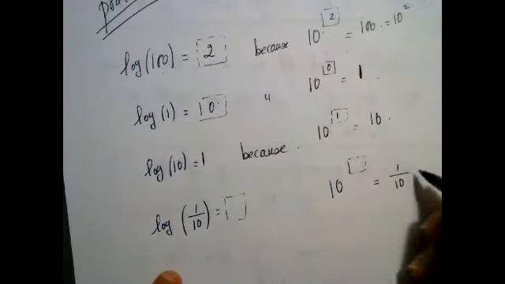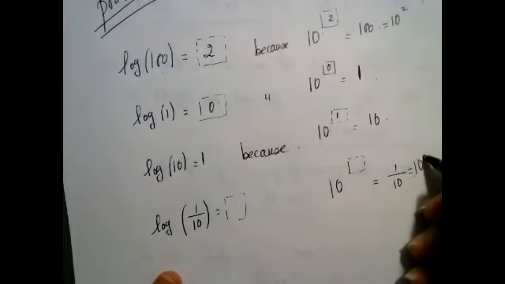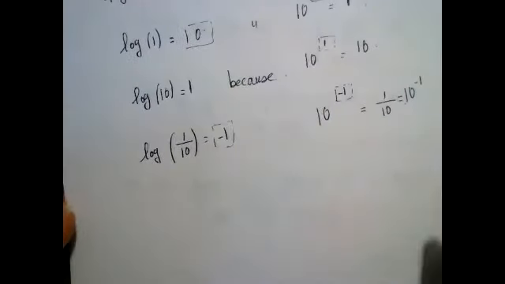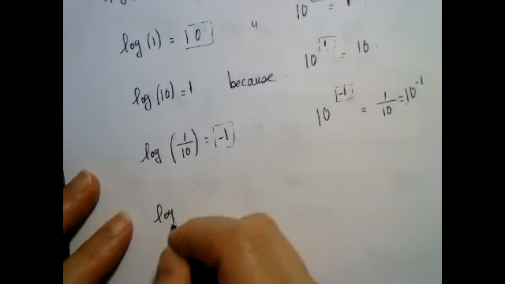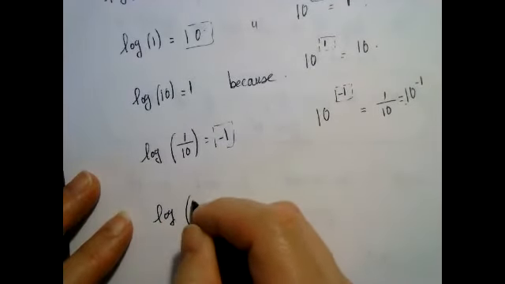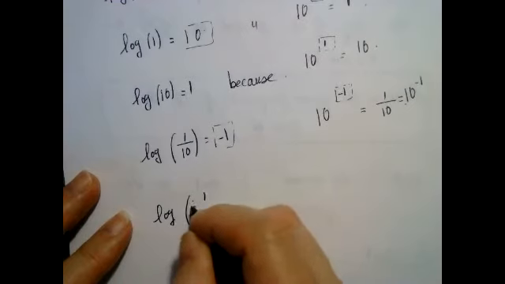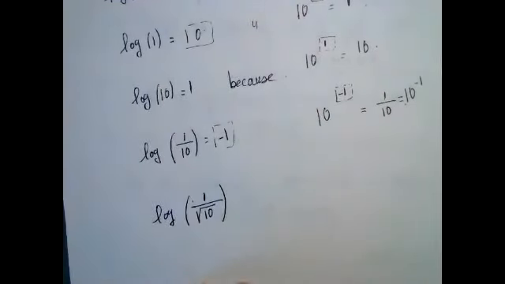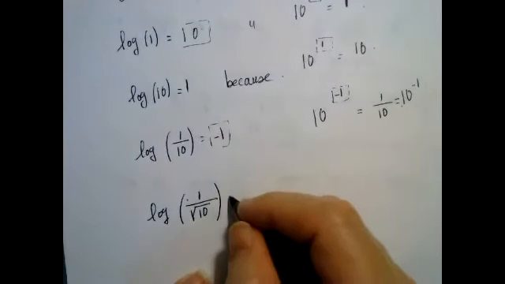Brianna, is she right? Yes, because 1 over 10, that's why, as I said, we studied those negative exponents. They're going to haunt us till the end of the semester. This is minus 1. Okay. Two more, and then we move on. What's the log of 1 over the square root of 10?